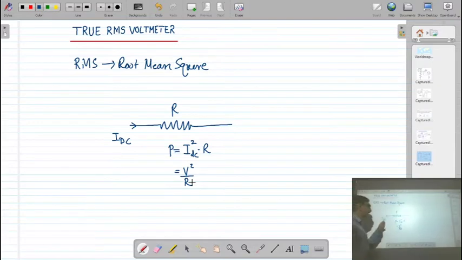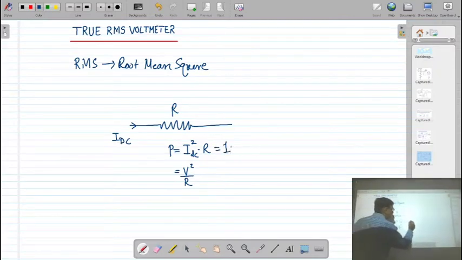Now when this current is passing through the resistance, power is dissipated in the form of heat and the temperature of the resistance is going to change. Let us say when I am passing some DC current, this power dissipation is 1 watt in the resistance.